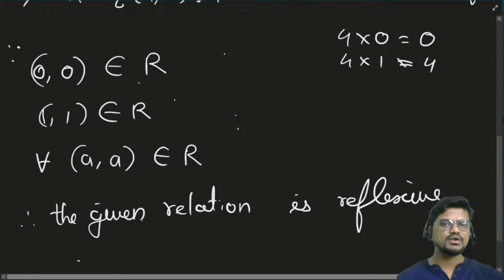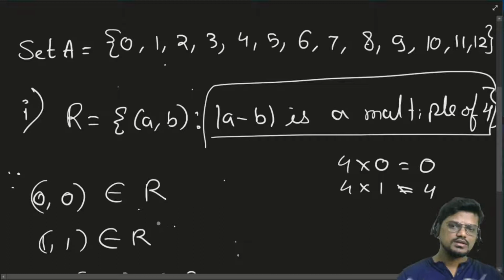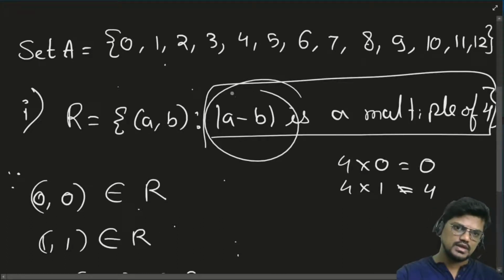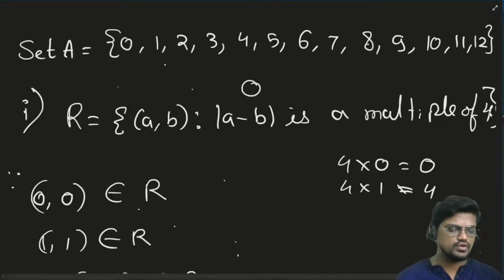See, it is not 1 into 1, it is 1 minus 1. If I write (1, 1), as per the relation, it will be 1 minus 1, and that value will be 0, and that value 0 is a multiple of 4.